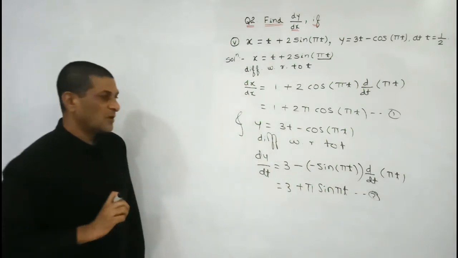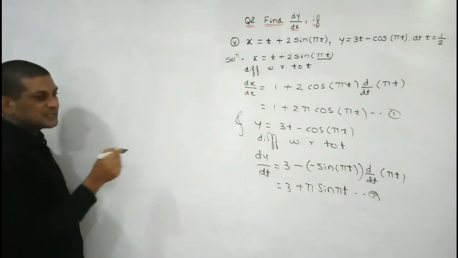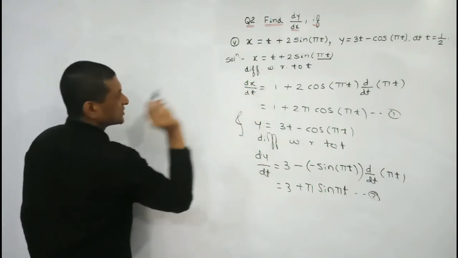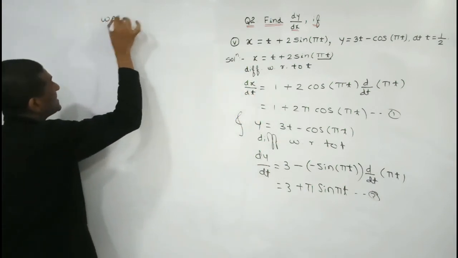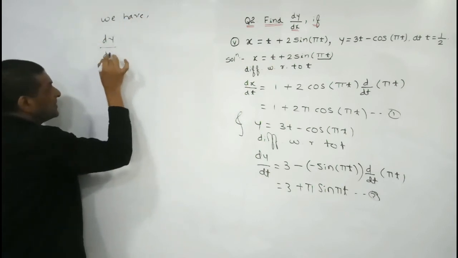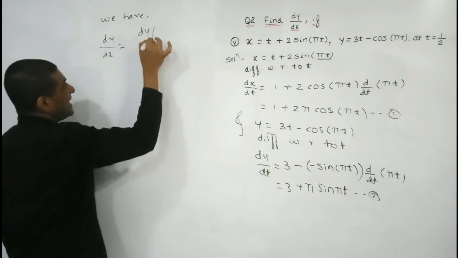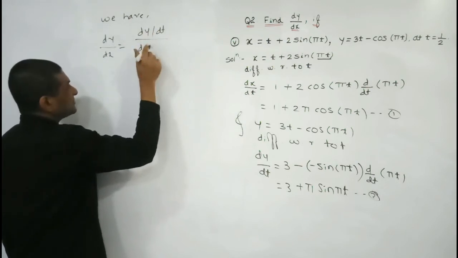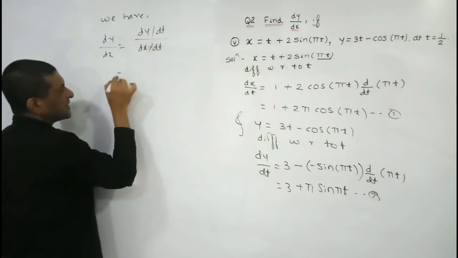In this way we have got the value of dy by dt and dx by dt, because we are differentiating with respect to t. Now we apply our formula to find the differentiation of a parametric function: dy upon dx will be equal to dy upon dt divided by dx upon dt. Let us substitute these values, which are already known to us.